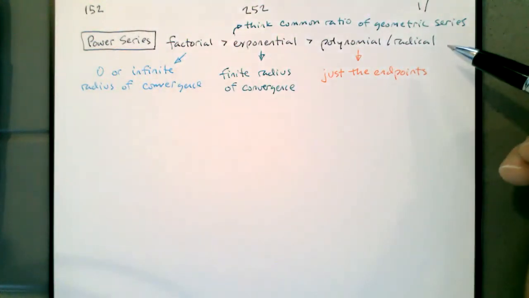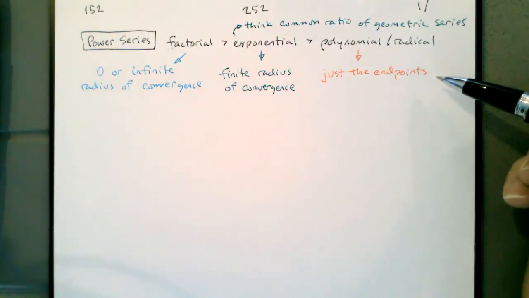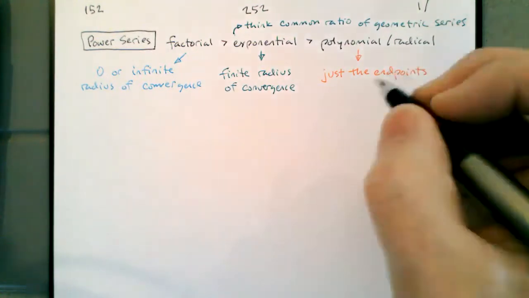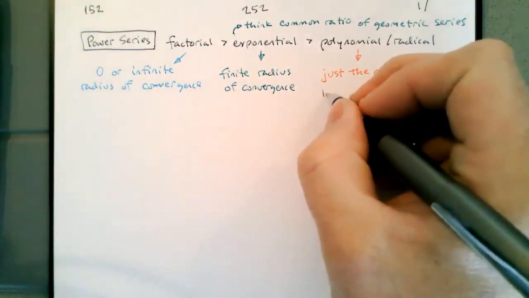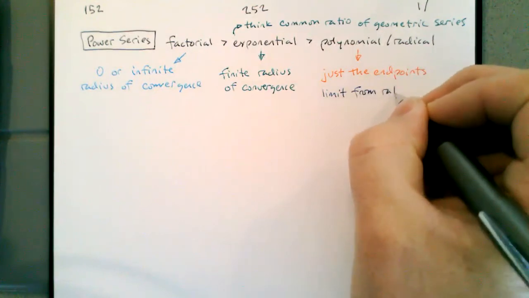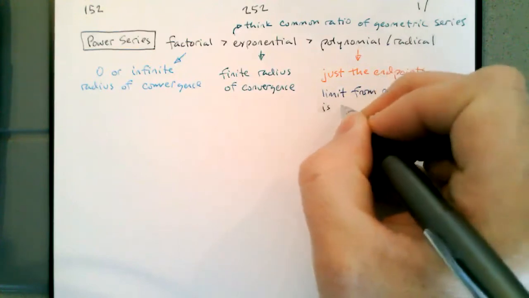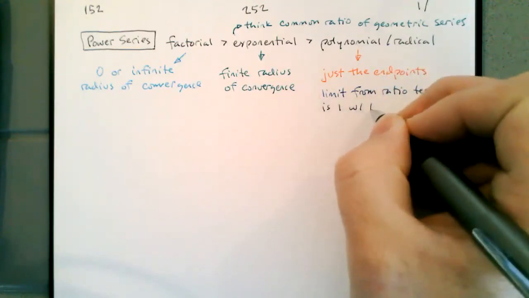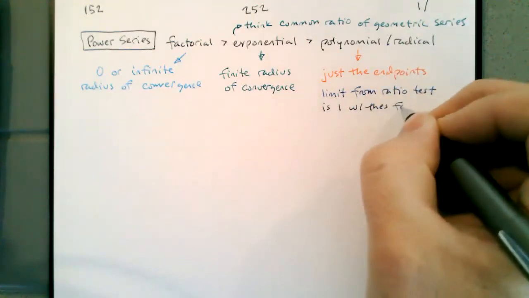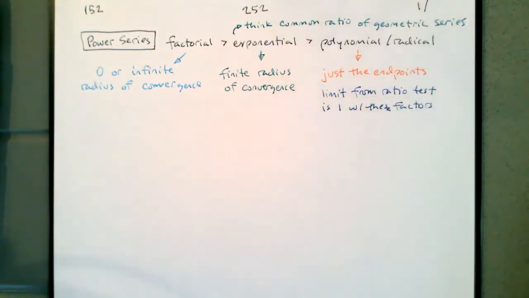With the polynomial and radical factors, the n's will always be balanced in the ratio test. So the limit from the ratio test is always 1 with these factors. The n's are balanced.